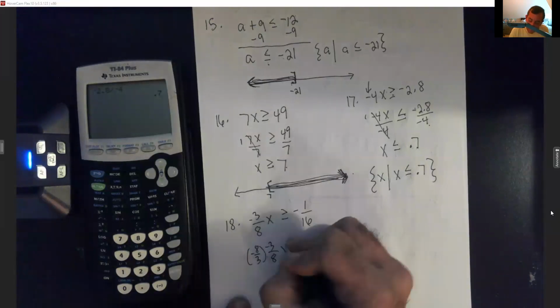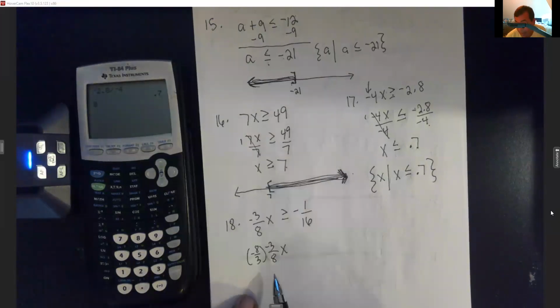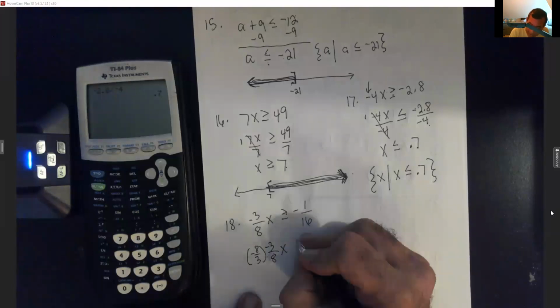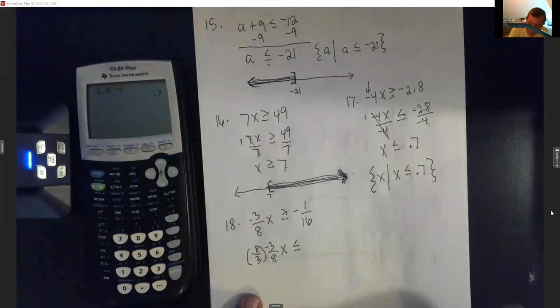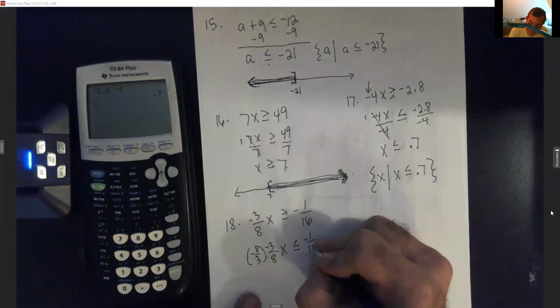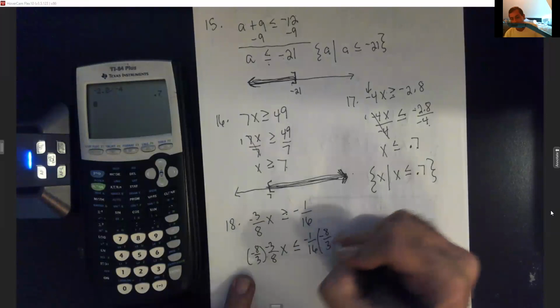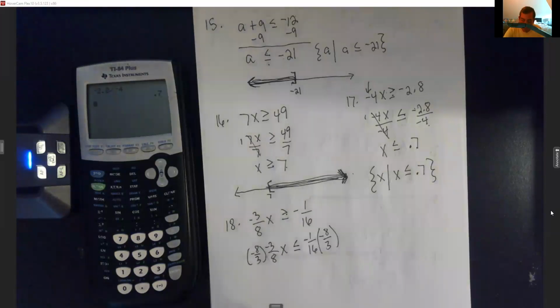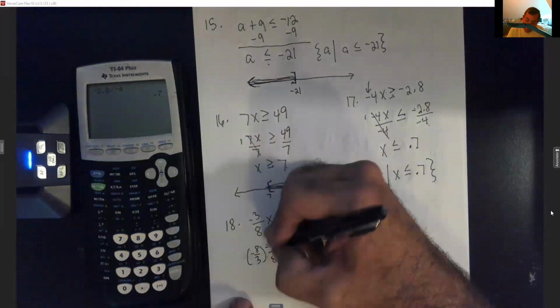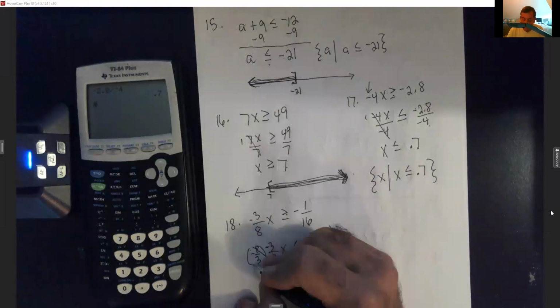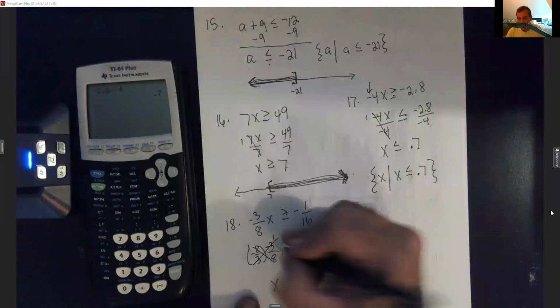But remember, since I'm technically dividing by a negative or multiplying by a negative, I've got to reverse that inequality and make it a less than or equal. And then take that negative 1/16 and multiply it by the negative 8 over 3. Okay? Because now negative times negative is going to make the x positive, and the 8's cancel, the 3's cancel, making a bunch of 1s.